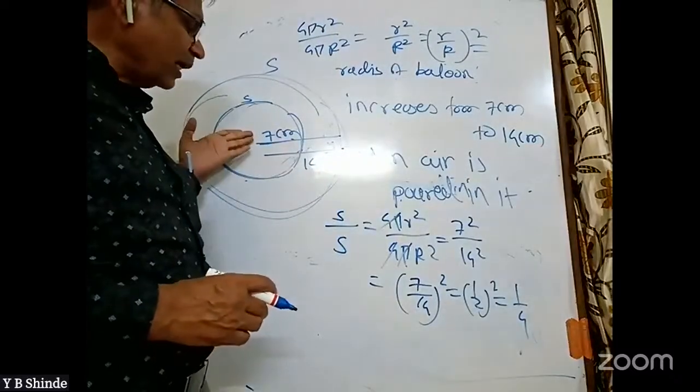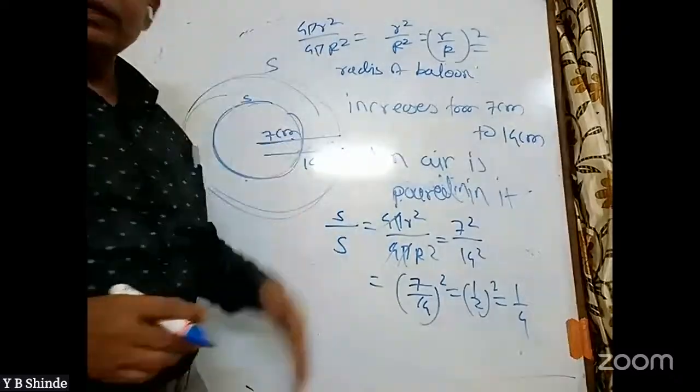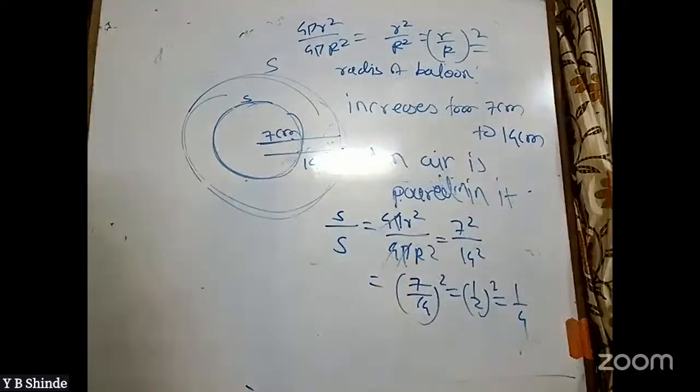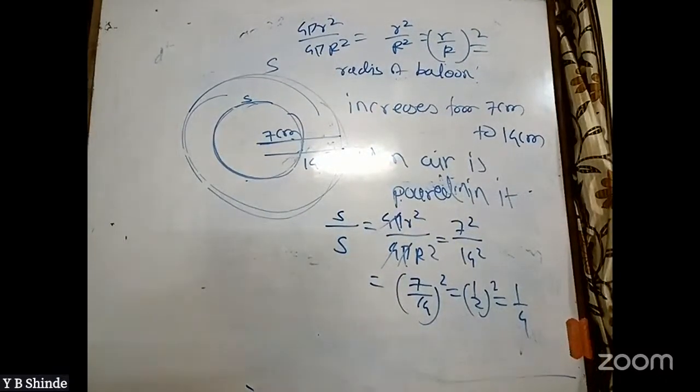If it is bigger to smaller, it is 4 is to 1; if smaller to bigger, it is 1 is to 4. If you consider hemisphere also, you will get the same ratio between surface areas. Keep in mind, r square upon capital R square is r upon capital R bracket square.